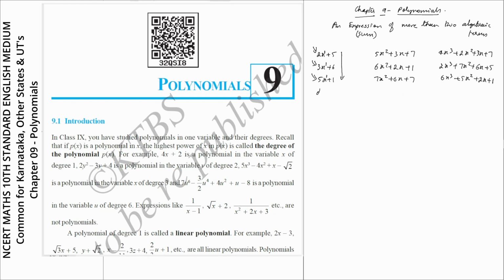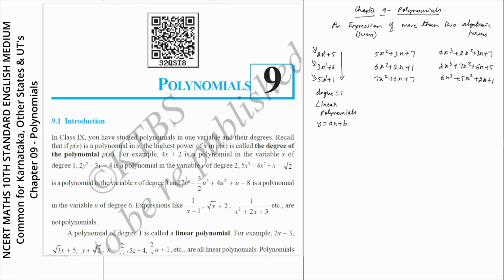So we say the degree of the polynomial here in the above example is 1. Okay. So whenever the degree is equal to 1, we call those polynomials linear polynomials. And the general form of linear polynomials is ax plus b.